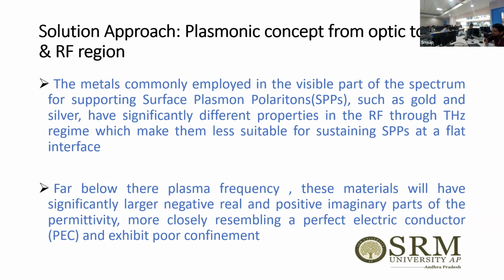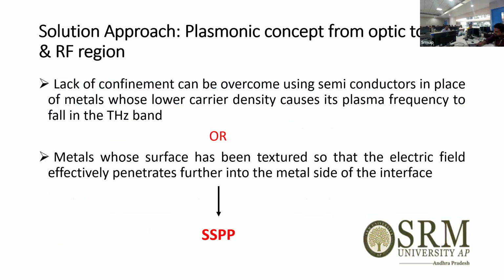So that is the drawback here. As a result, the metal behaves as a perfect electric conductor in these low frequency regimes, RF through terahertz, and it exhibits poor confinement. So this is the problem which we can generally define here.